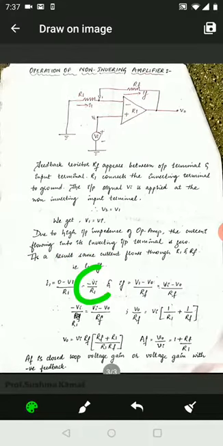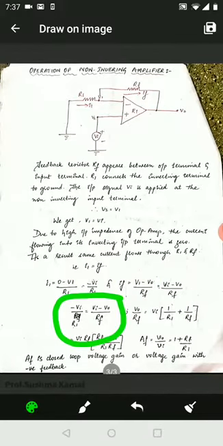The first value is minus Vi upon R1, the second value is Vi minus V0 upon Rf. So both are put together here: minus Vi upon R1 is equal to Vi minus V0 upon Rf. Next, we have split the terms.